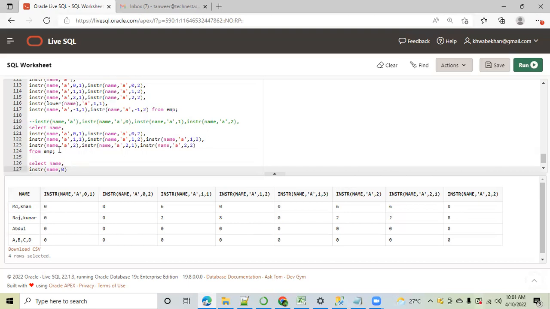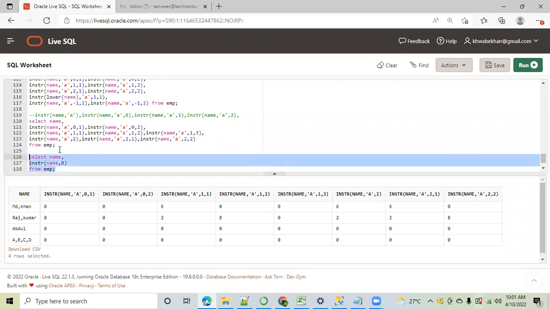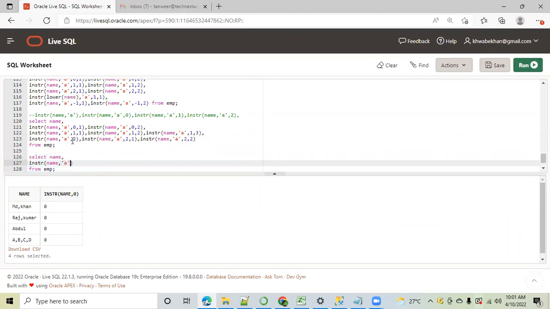Now let me conclude once again all the things. Let's start with 0. Forget about all these things. You got all the values 0 because I told you, if you're giving this value... Oh, sorry. Let me show you this example as well. I'm showing you this again: comma A comma 0.